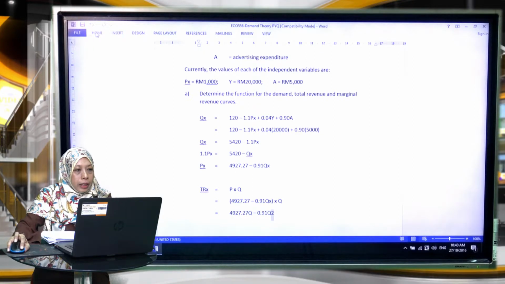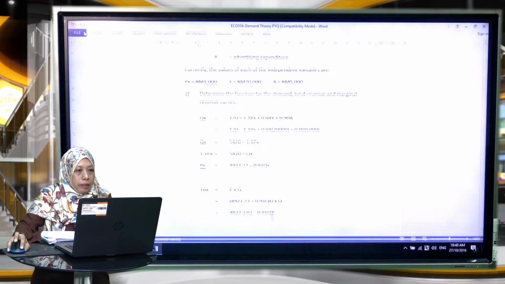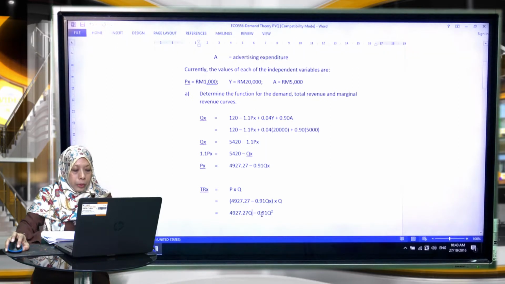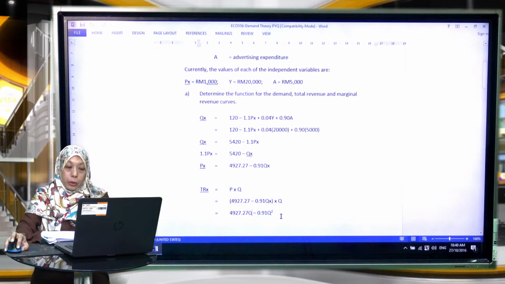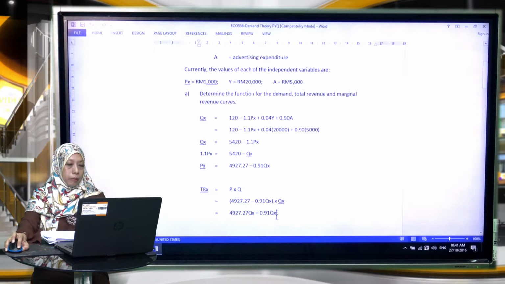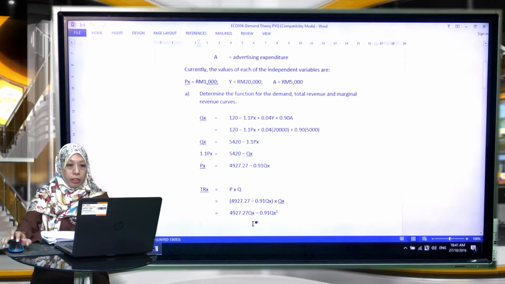If you want to be a little more specific, since this Q represents good X, you can add in your Qx here, or not. No problem. That's your total revenue function.